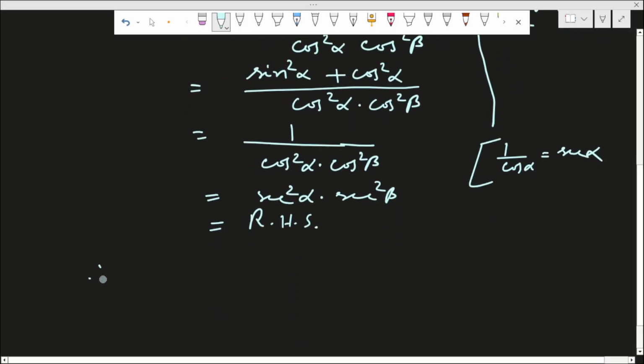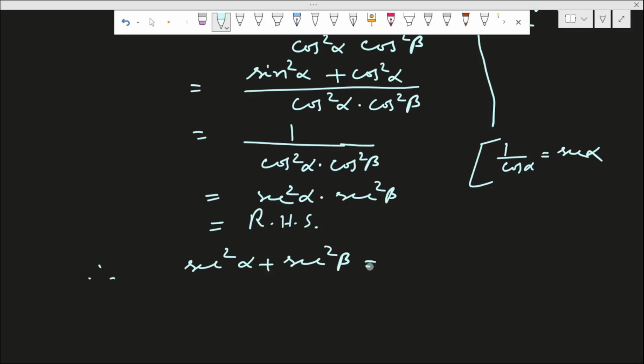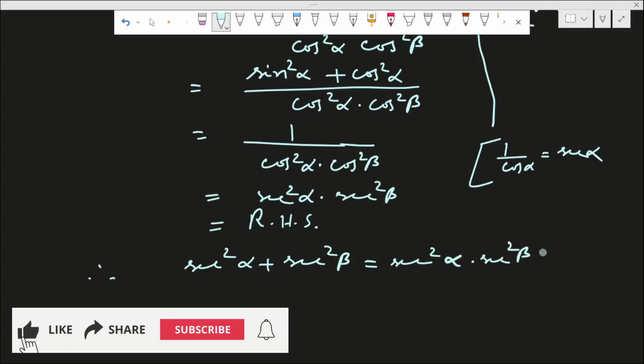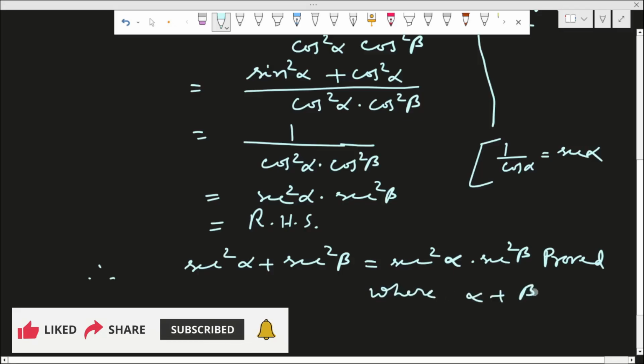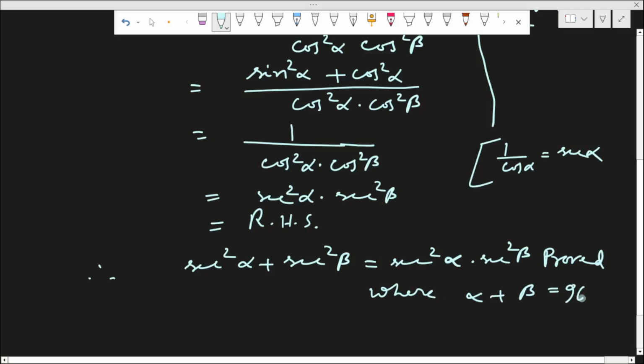Therefore proved, where alpha plus beta is equal to 90 degrees.